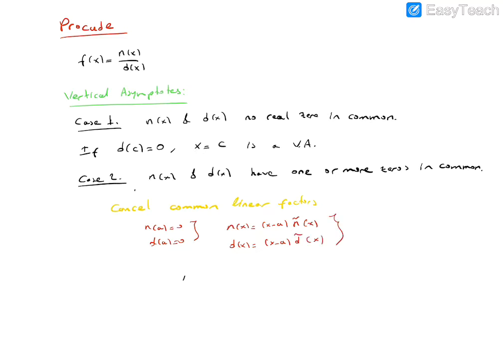Okay, so from here we can say that f of x, which is n of x over d of x, we cancel the x minus a factor, so we have n tilde of x over d tilde of x. So you should make your observation on this rational function. Apply case 1 to the reduced function.